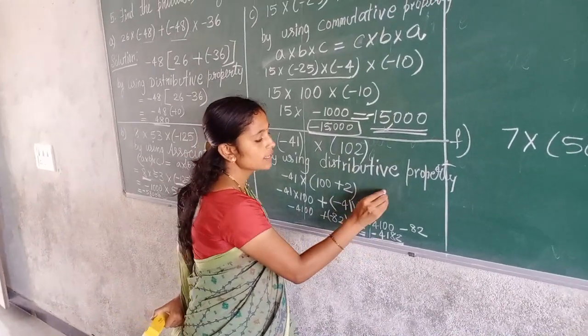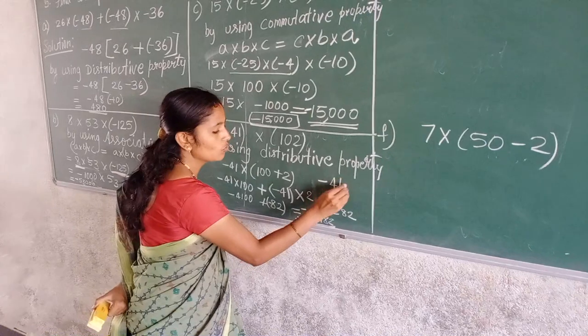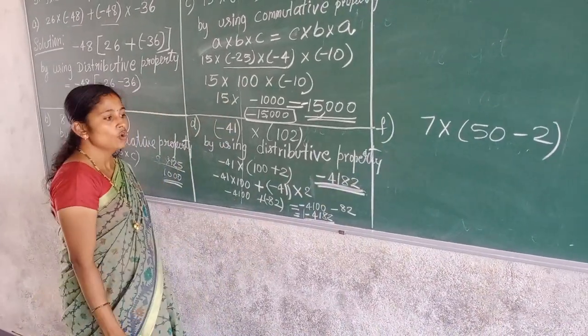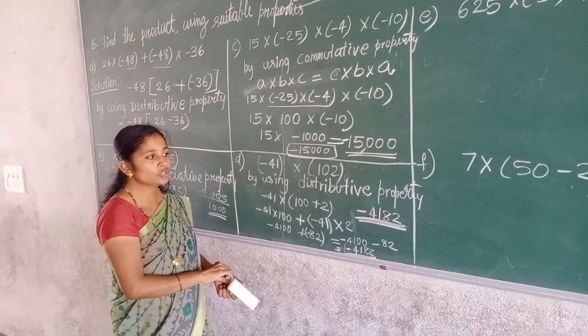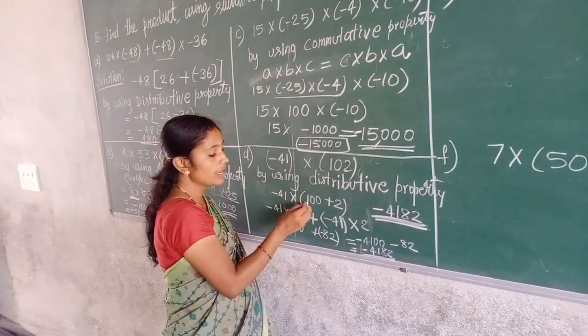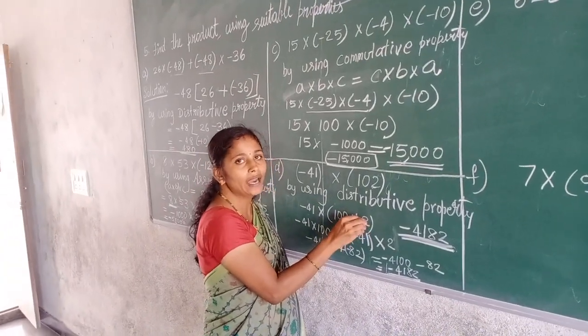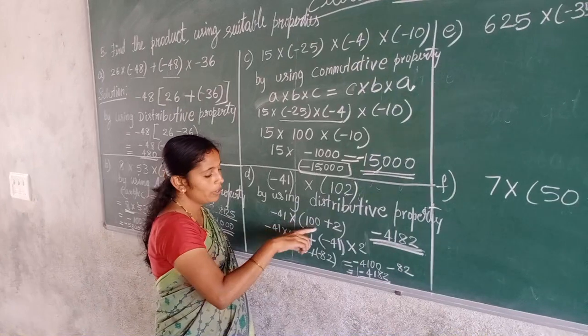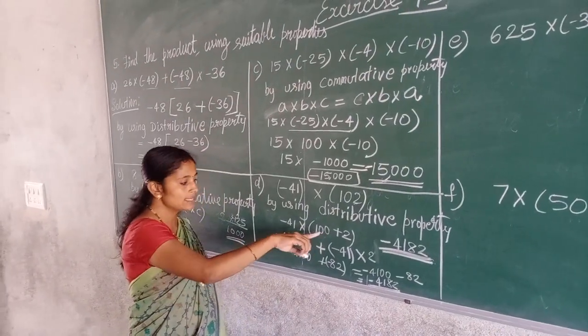So the answer is minus 4182. Hope you understood why I used the distributive property. Because 102 is there, I can split the 102. In the earlier video I told you this makes your multiplication easier.